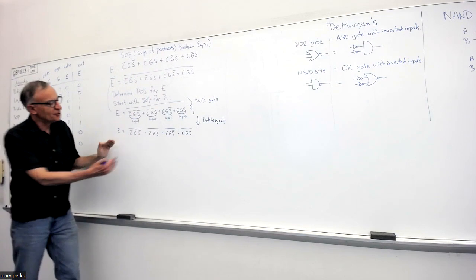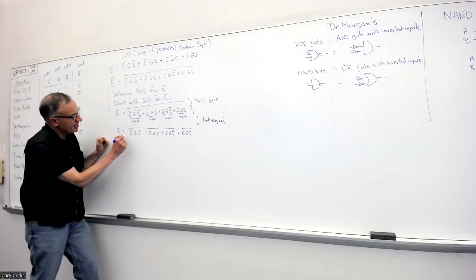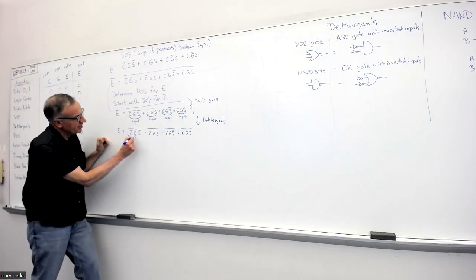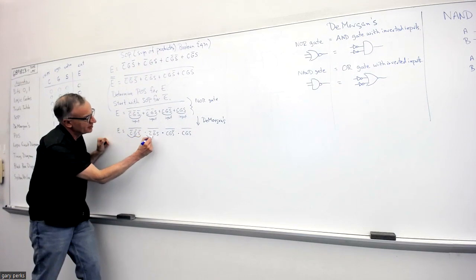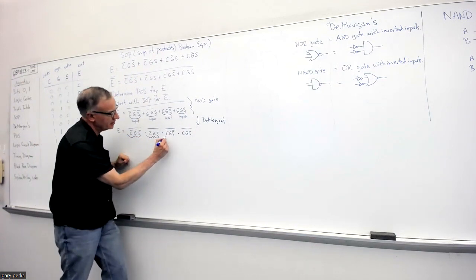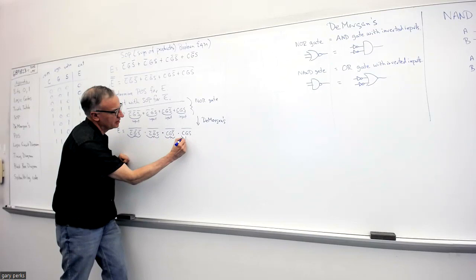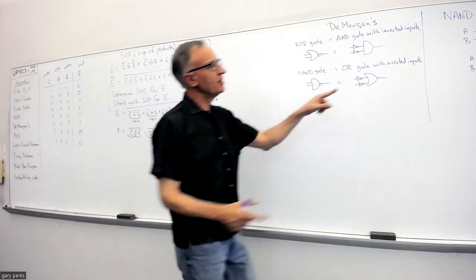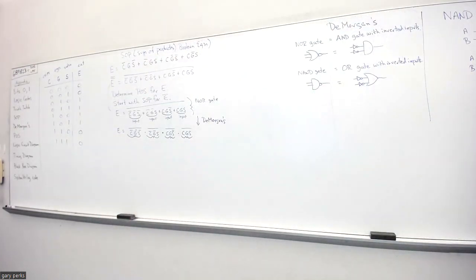Because now if you look at this expression here, and you just look at each one of these terms, remember what a NAND gate Boolean expression looks like, right? It's the terms ANDed and then the whole thing NOTed.